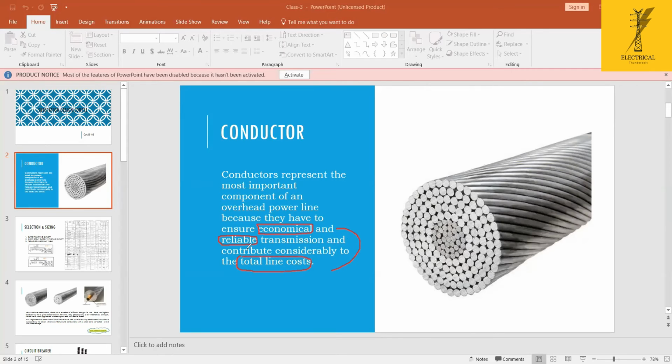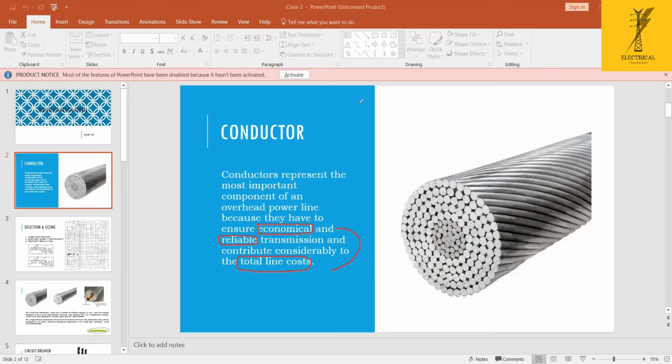In our earlier discussions I also told you that when we are selecting any equipment, could be a conductor, breaker, or a transformer, we have to choose an equipment that should be economically viable for my application, and also reliable in terms of operation.